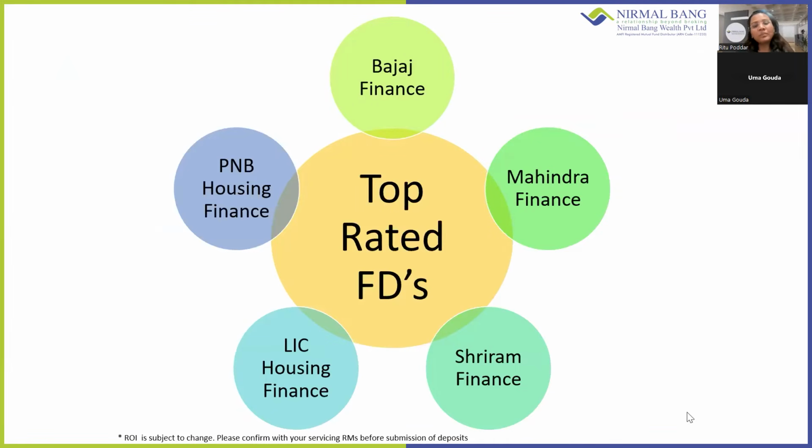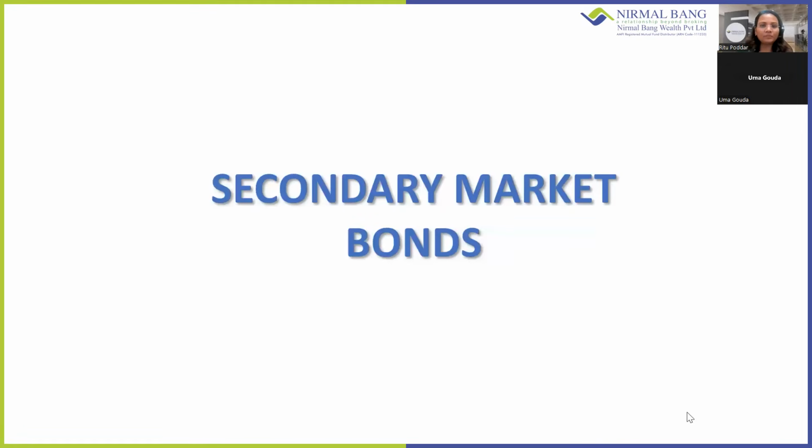Along with the rate of interest, we also keep sharing creatives, whatever is in focus. Like, we got information that Bajaj Finance is going to reduce the rate of interest. So we keep sharing such information on our groups and through mail. That probably will help you to pitch these products to your clients. Go to the next slide.